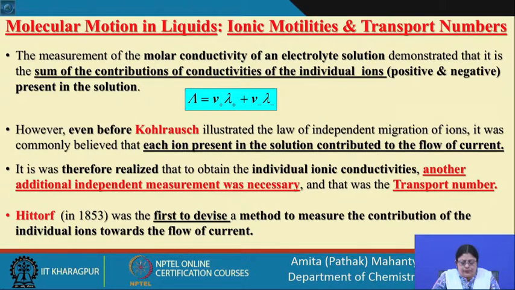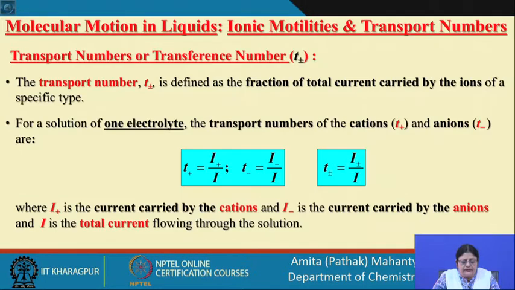Transport number is also sometimes known as the transference number. We represent it as T plus-minus, that means we are talking about T plus as well as T minus. The transport number T plus-minus is defined as the fraction of the total current carried by each of the ions of a specific type.